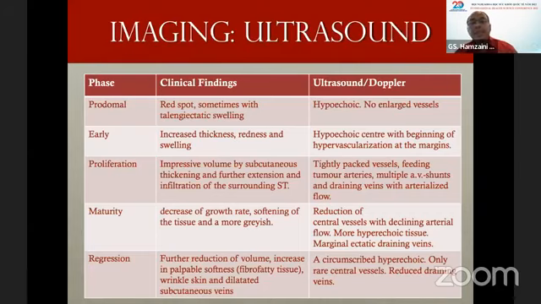During the maturity, there is reduction of central vessels with declining arterial flow, more hypoechoic tissue, marginal ectatic draining veins. And during the regression or involuting phase, you'll see a circumscribed hyperechoic lesion. These are basically fatty replacement. This lesion has been replaced by fat. Only rarely do you see central vessels and reduced draining veins.